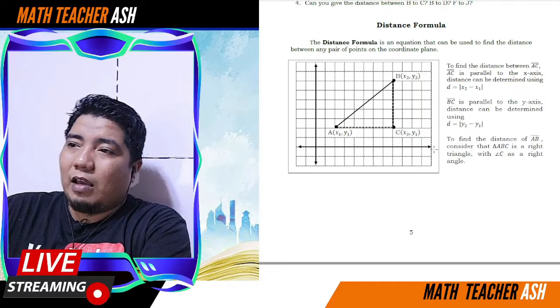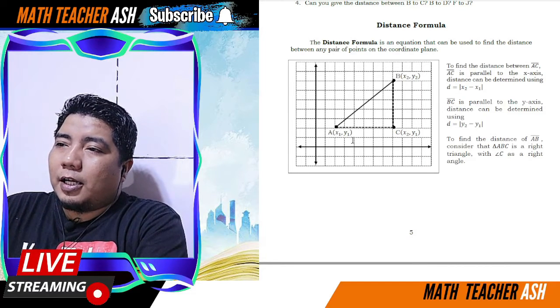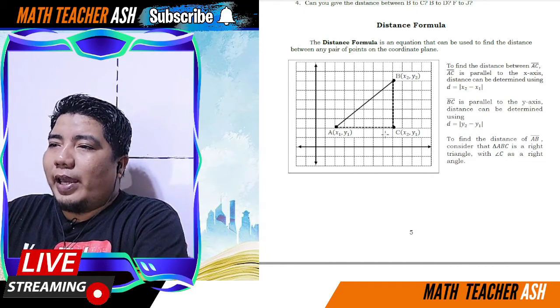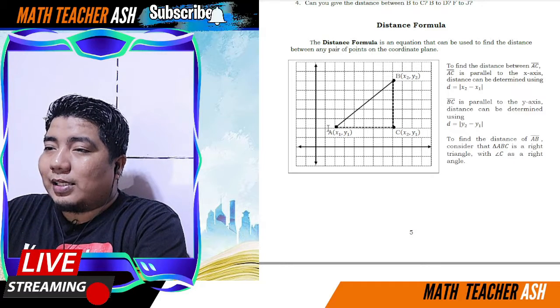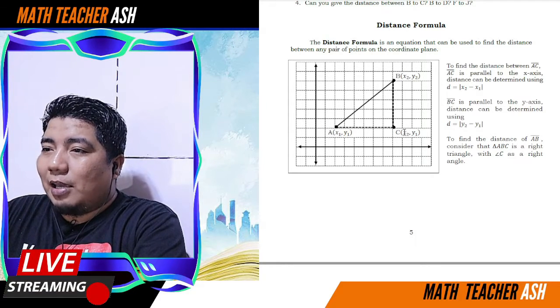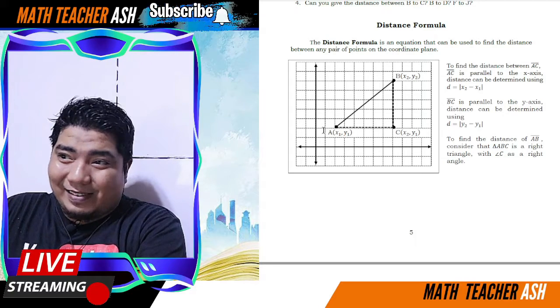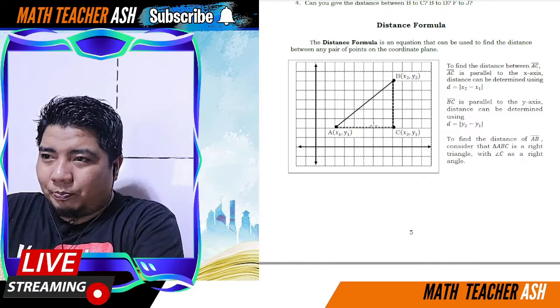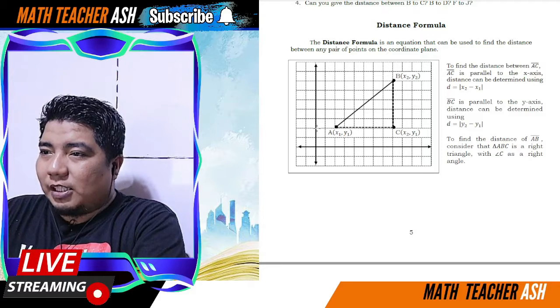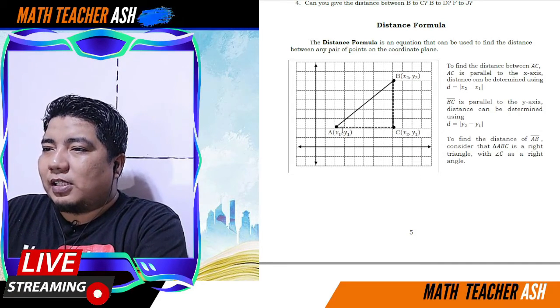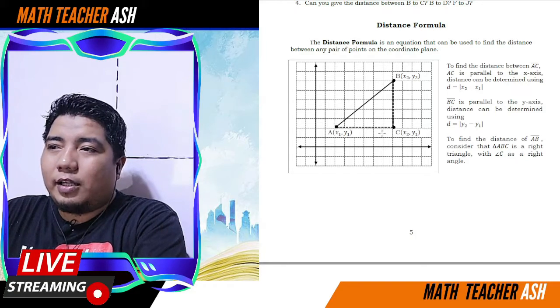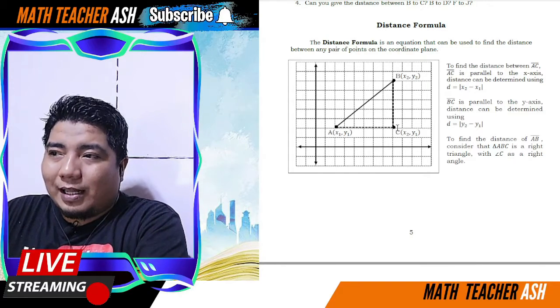Now, basically, if you compare the coordinates of A and C, pareho sila ng Y coordinate kasi they lie on the same y-axis, right? Okay, or y coordinate, which is here. That is positive 2 based on this given. Okay, so that is positive 2. Positive ang y coordinate dito, positive 2 din ang y coordinate ng C.